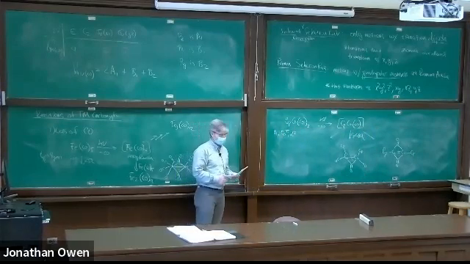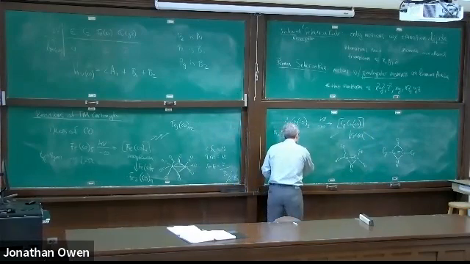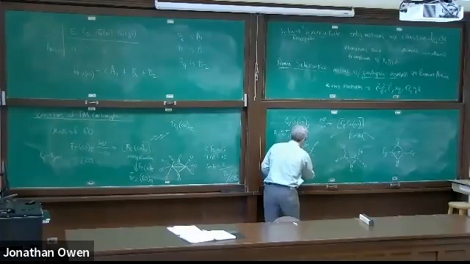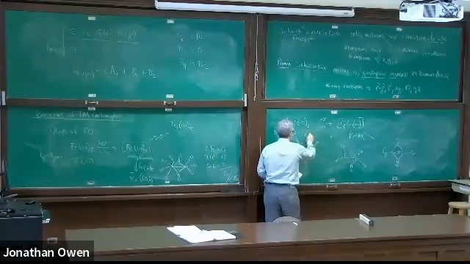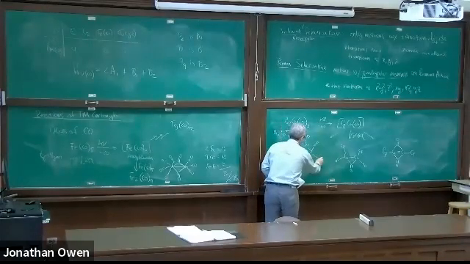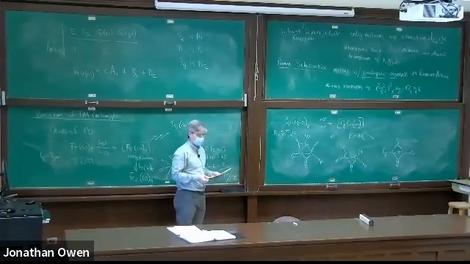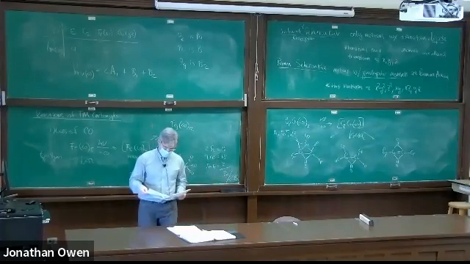Pick up some more electrons by making more metal-metal bonds. So when carbon monoxide ligands fall off, you get clustering.